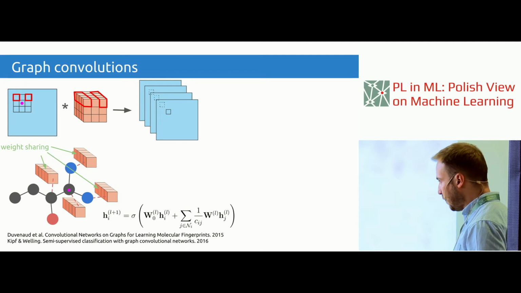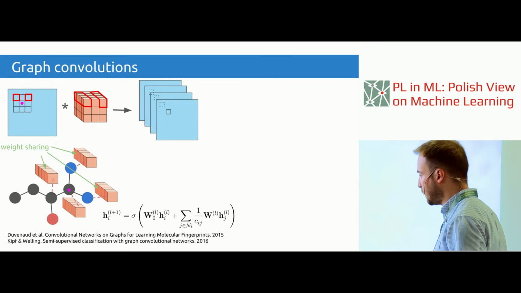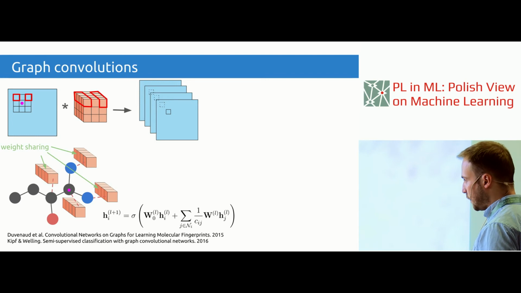And just to dive into the math a bit. This is just one layer of a graph convolutional neural network. So basically what you are doing, you are taking features from the l-th layer of the central node and multiplying them by the weights associated with the central node, and you are summing it with the features of the neighboring nodes multiplied by the weights associated with the neighboring nodes.